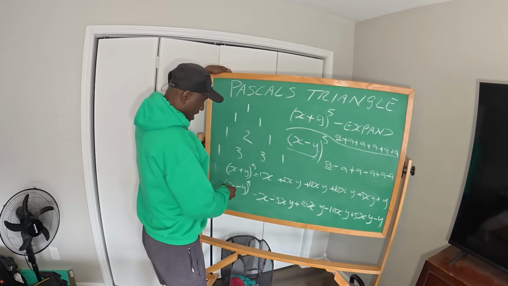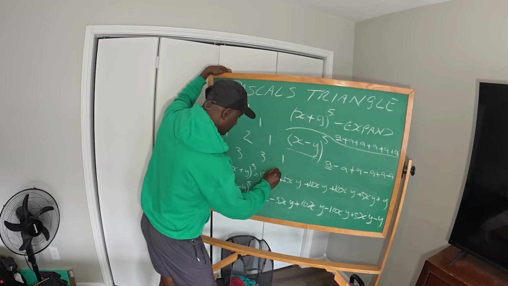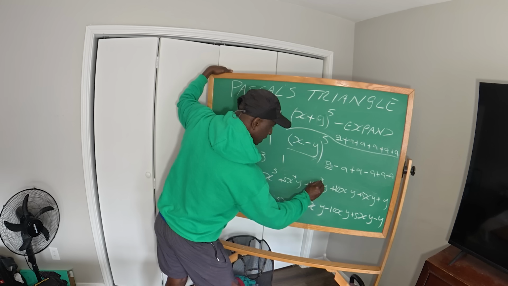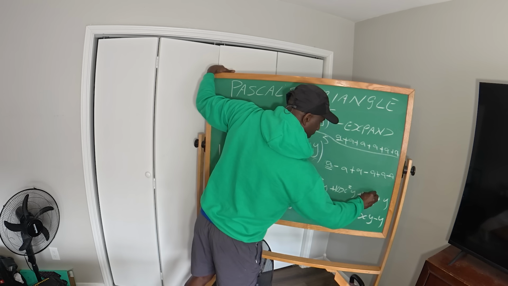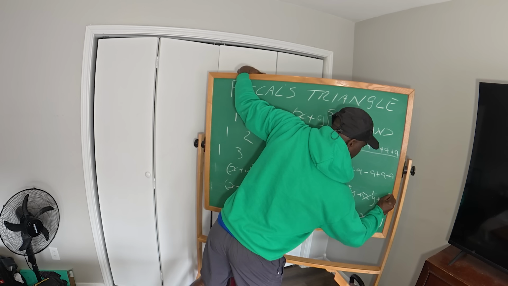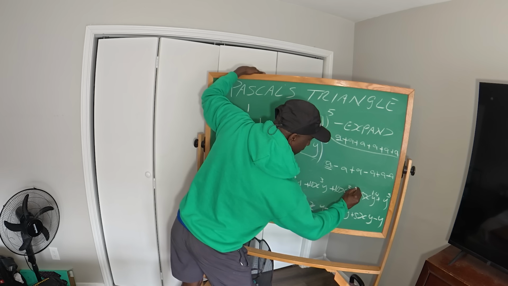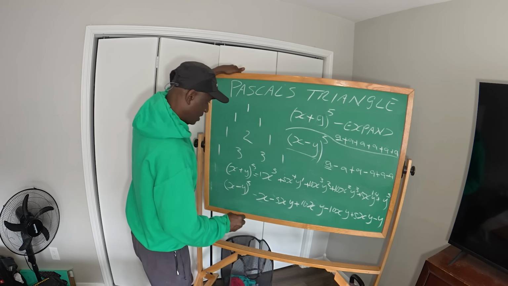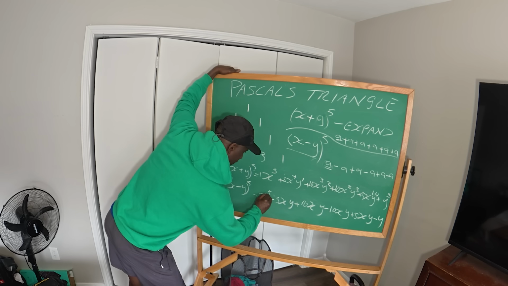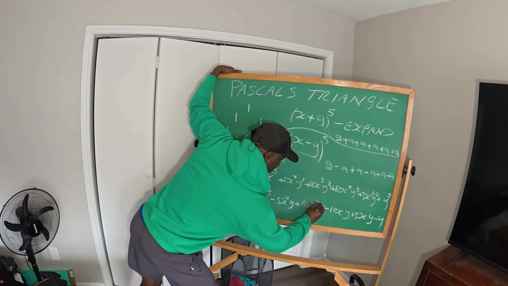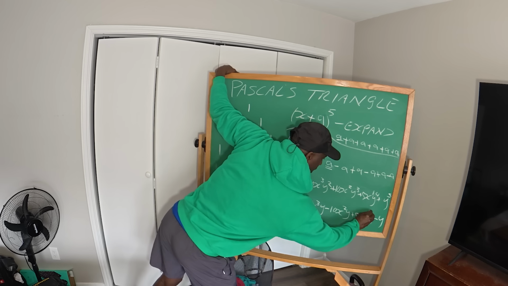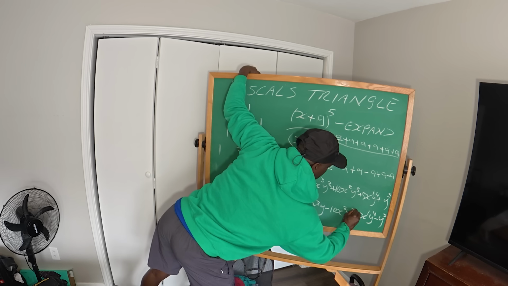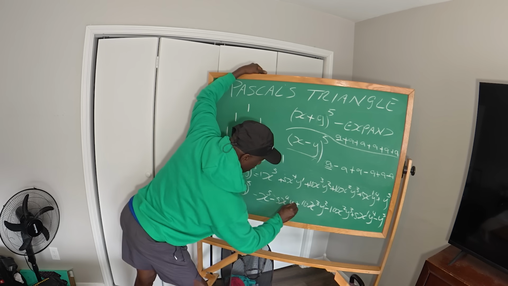And let's now add our powers. We have 5, 4, 3, 2, 1, and the same thing for the other powers: 5, 4, 3, 2, and 1.